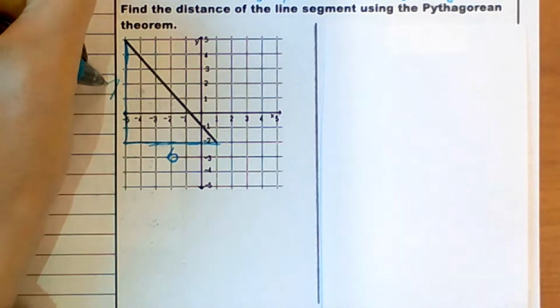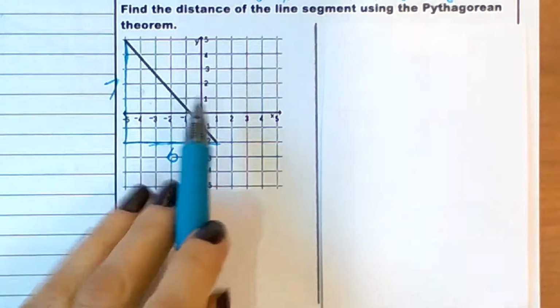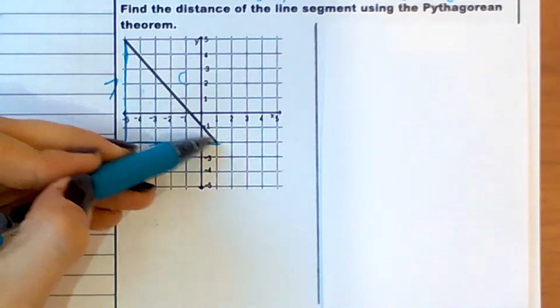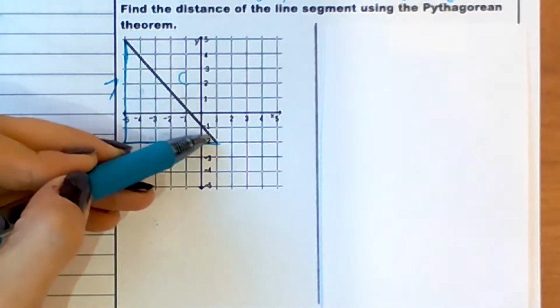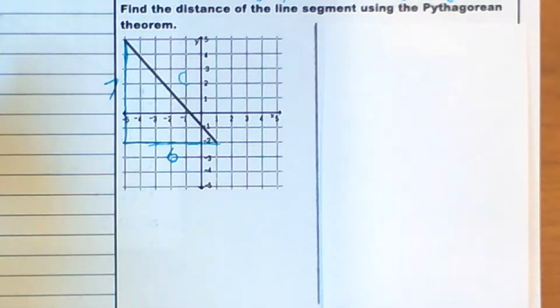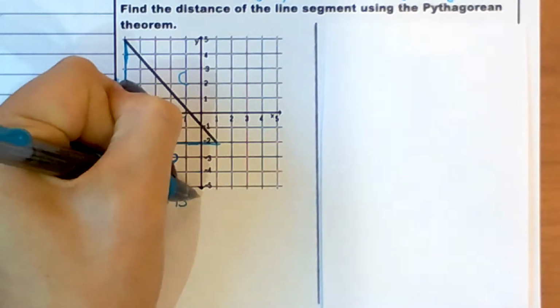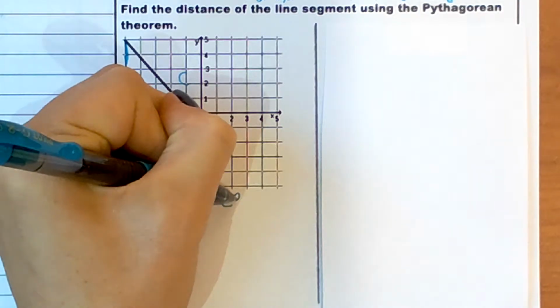So one side length is 6, the other side length is 7. And then this is the one that we're trying to figure out. We're trying to figure out what this special distance right here is, because this one I cannot count the boxes since it is diagonal.